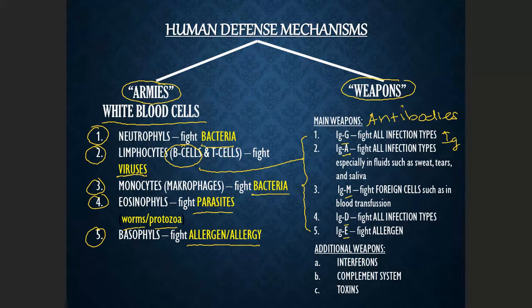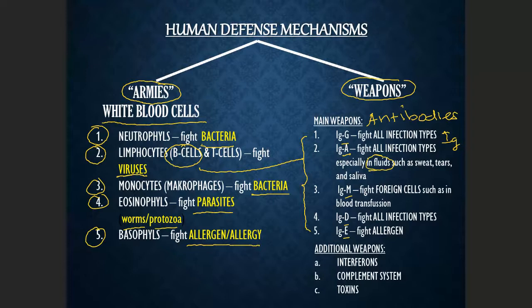For example, IgG mostly fights against any type of infection, whether it is coming from bacteria, viruses, parasites, fungi, and so on. Okay. The IgA also fights against all types of infections. However, this IgA is usually located in the fluid, not really in the blood.